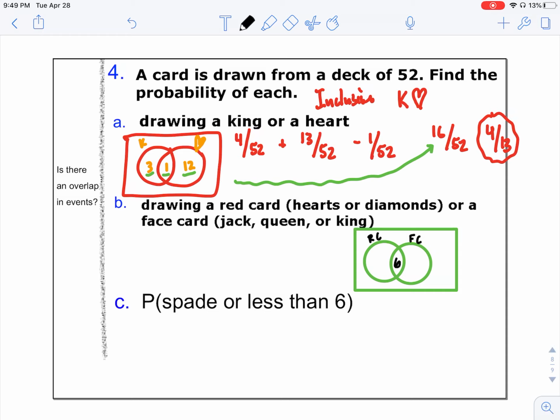So that means there's 6 that are red, there's 6 that are not red, and out of all the 26 red cards, 6 of them are face cards and 20 aren't. So we have a total now.